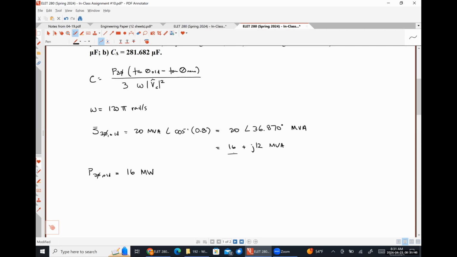I'll give you a hint, we already have it. Yep. So theta old is the 36.870 degrees that we got when we calculated the complex power supplied by our source.